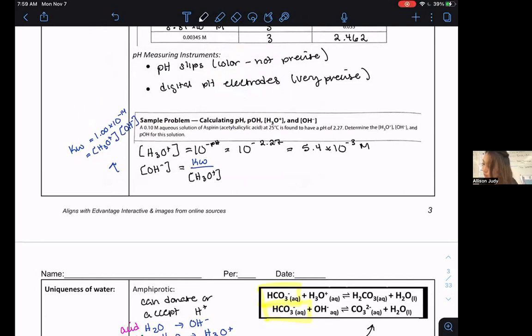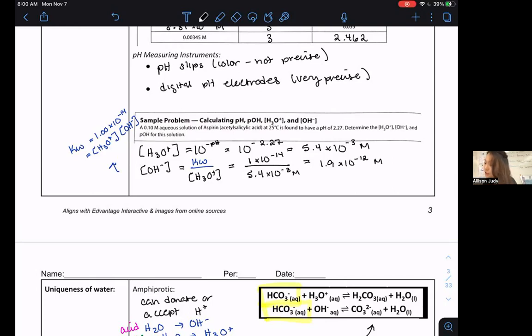I know my H3O plus is the value I found above. So that's 1 times 10 to the negative 14th over 5.4 times 10 to the negative 3 molarity. I know I'm not writing all my sig figs right now just because I'm trying to save room. And I get a value of 1.9 times 10 to the negative 12th molar.